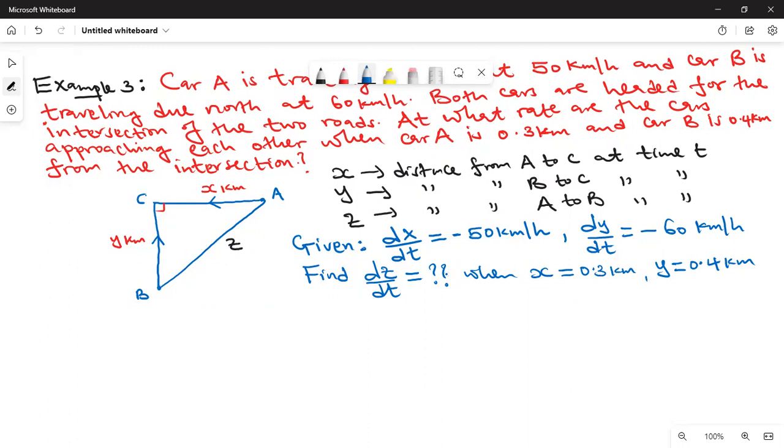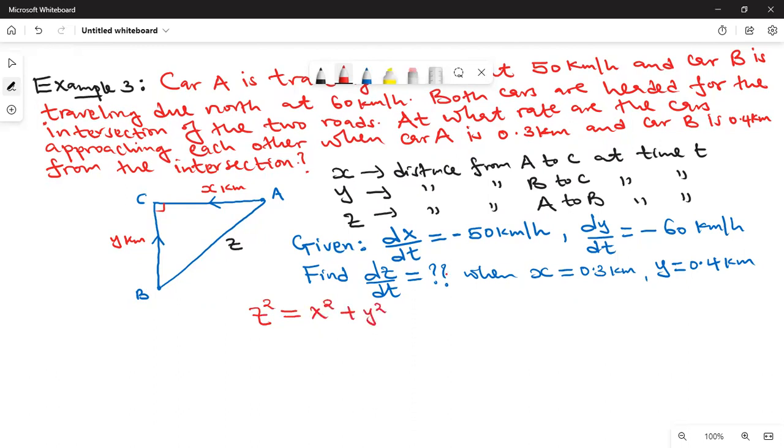Step two, let's come up with an equation relating x, y, and z, of course, at any time t. If you look at our triangle, we can deduce from the Pythagoras theorem that z squared is equal to x squared plus y squared.